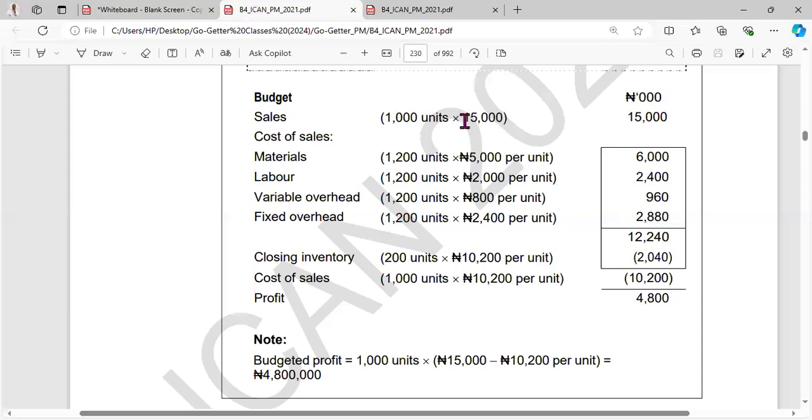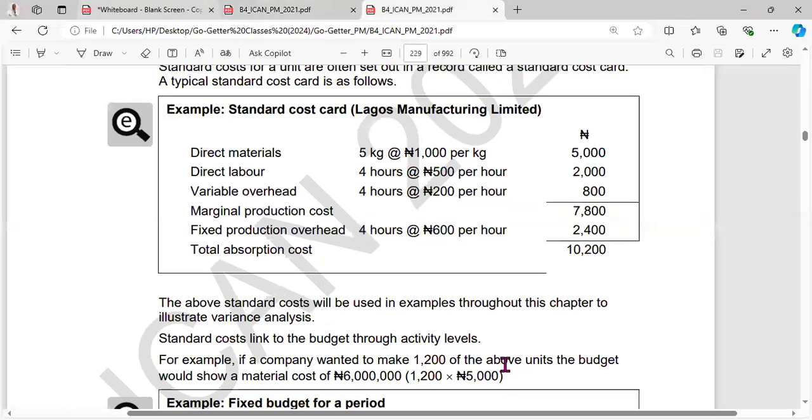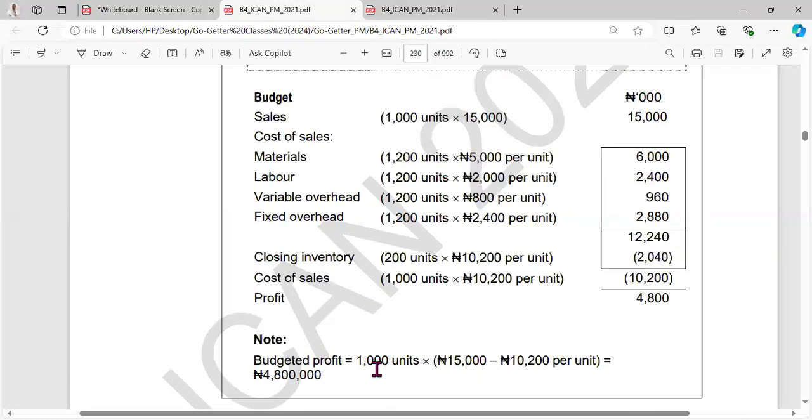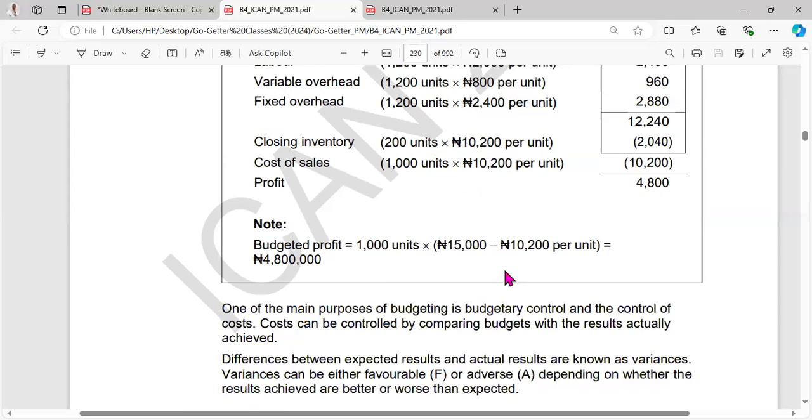You minus it from the sales. Anything you have, you multiply it by 1,000. That's it. So your sales minus your cost is your profit. So your selling price minus your cost of sales price, multiplied by the budgeted amount of sales you make, that's your profit. So that's it.